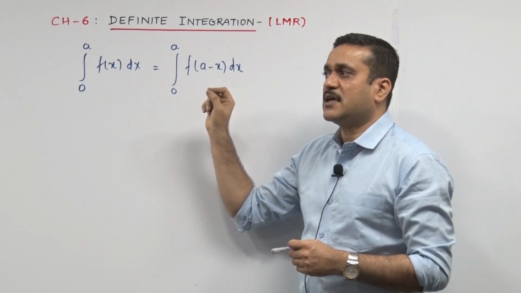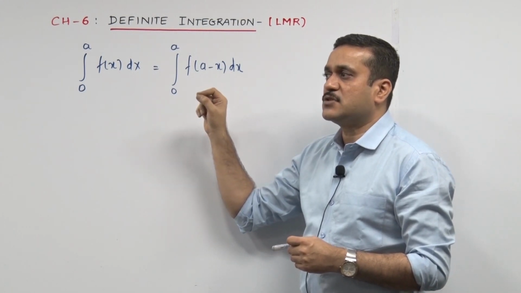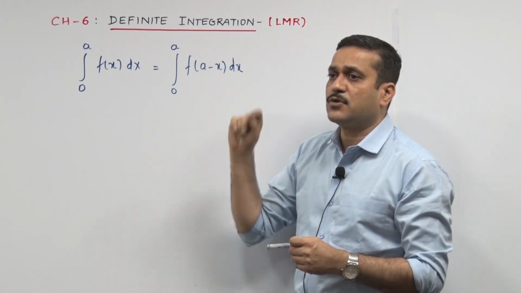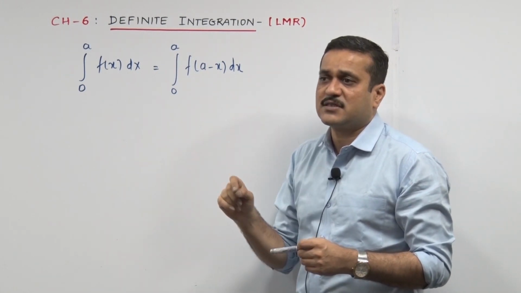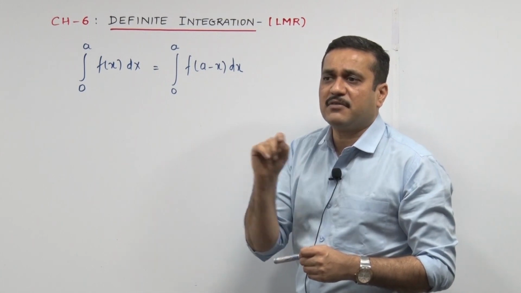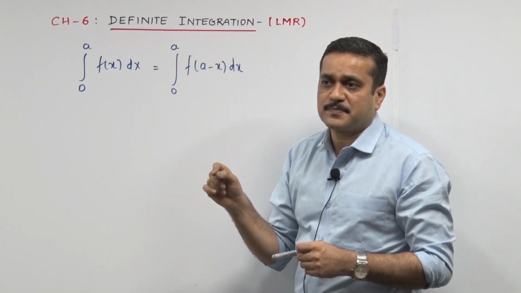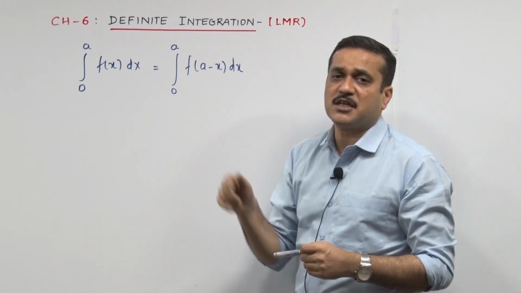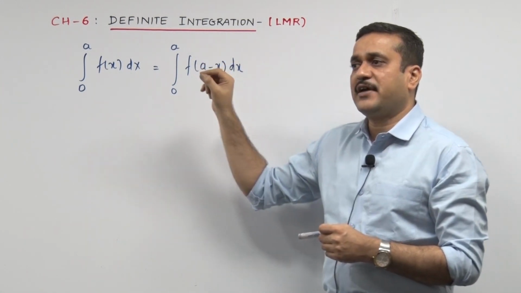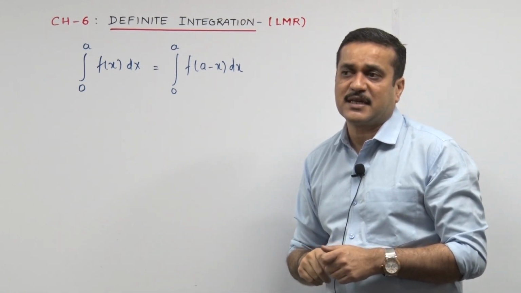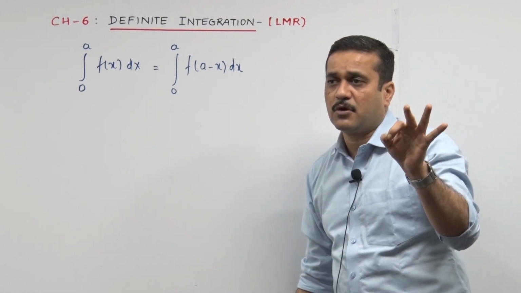When the property says you integrate 0 to a f of x dx or you integrate 0 to a f of a minus x dx, it simply tries to imply one simple thing: you can change your x to a minus x. Of course, all the x will be changed, because when you move from f of x to f of a minus x, it means you are changing all your x to a minus x. I hope by now everybody is very clear about that.